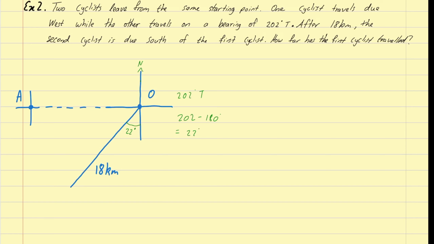So if I go back to the first one, what the question is saying is that the second cyclist, if he was to keep continuing for exactly 18 kilometers, he is going to be due south of A. So now that's the part where the second cyclist would have ended up. And as you can see, the second cyclist, B, is directly south of point A, the first cyclist.